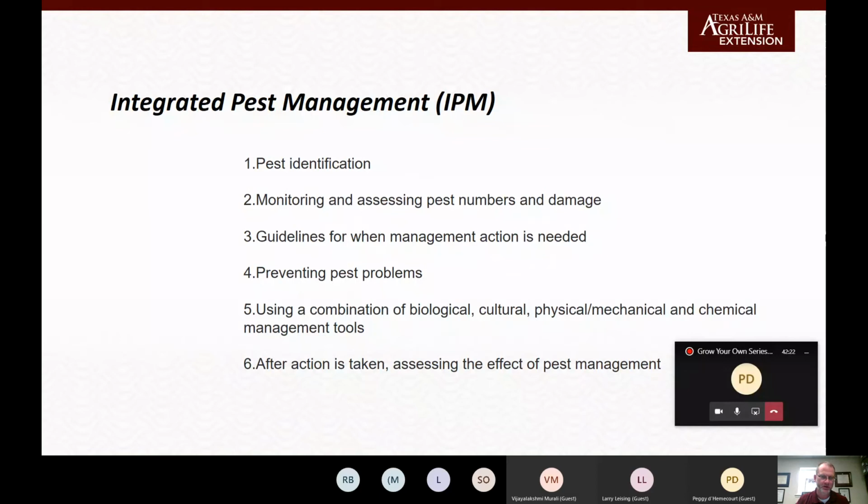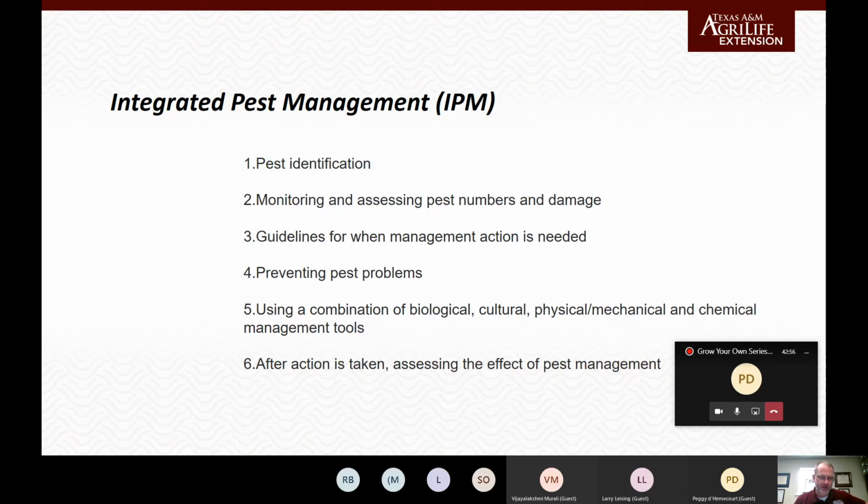Fourth part of this is preventing pest problems, which is finding some cultural practices that we can utilize to avoid problems from happening in the first place. The fifth is using a combination of different strategies, starting with the least impactful in the environment and then working our way up into the last tool, which should be chemical control if needed.